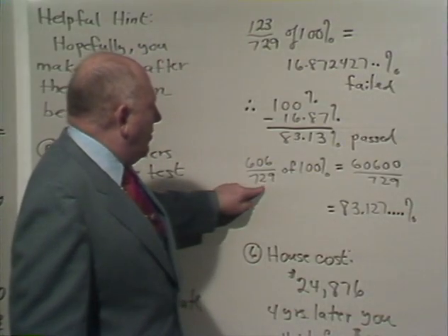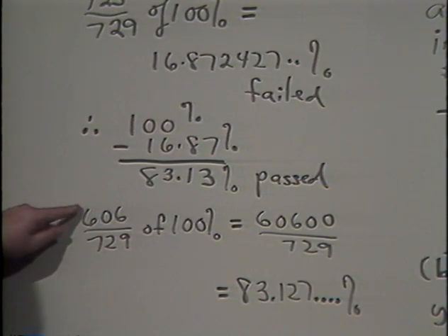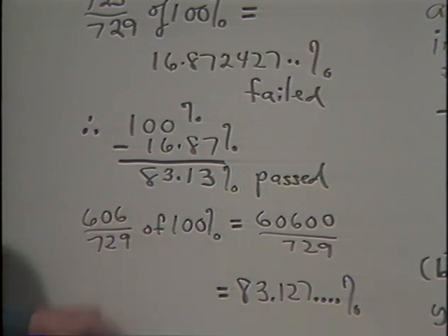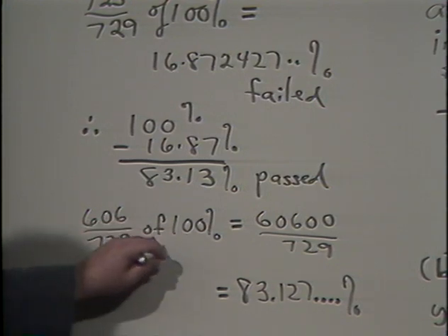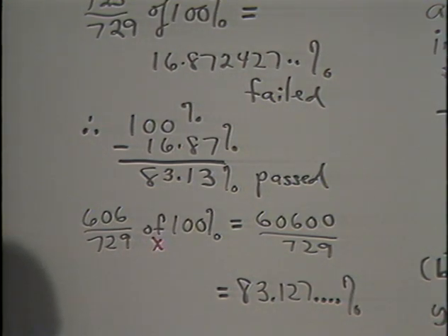If you wanted to do this problem in one step, notice that the passing rate as a fraction is 606 out of 729. So if you take 606 out of every 729, how many are you taking out of 100? It's 606 729ths of 100. And so you do what? You multiply the 606 by the 100 to get 60,600. Your denominator is 729.